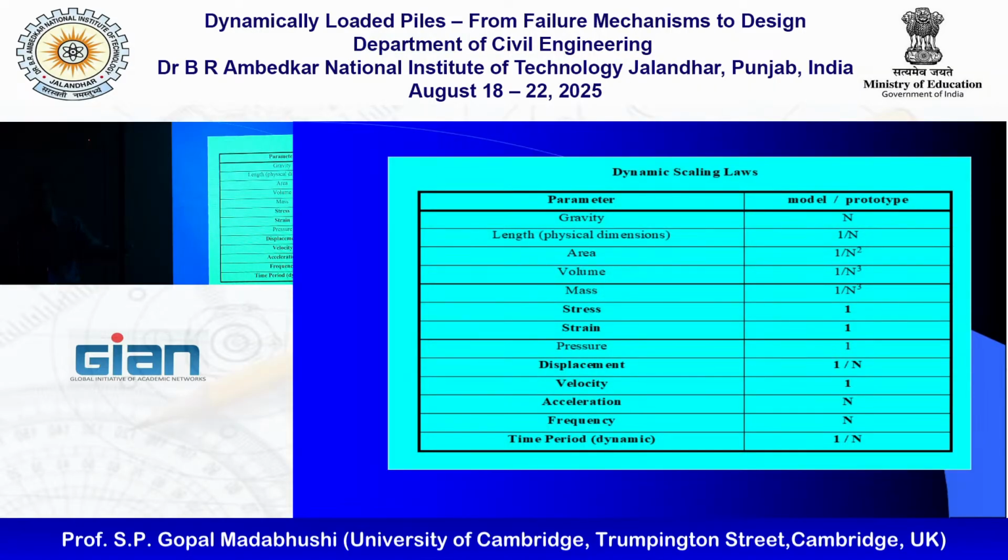If I do that, then it will match. No, not that. Earthquake motions are not regular. Oh, you mean this? I'll come to that. We will scale them also the same way. I'll show you in a second.